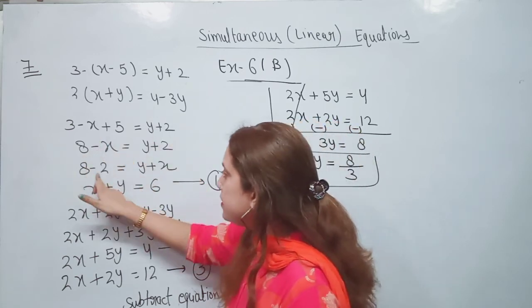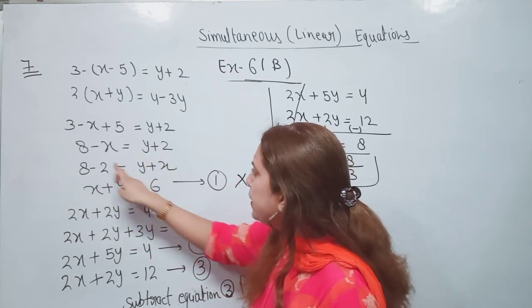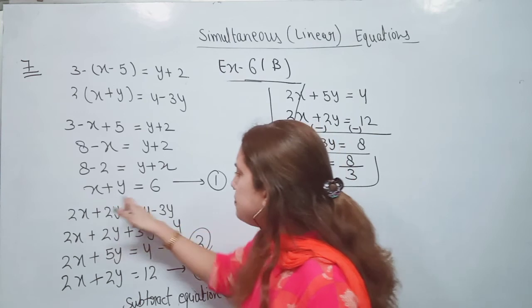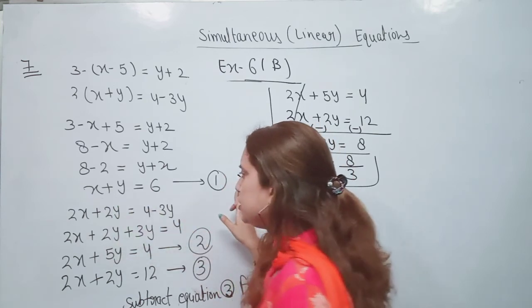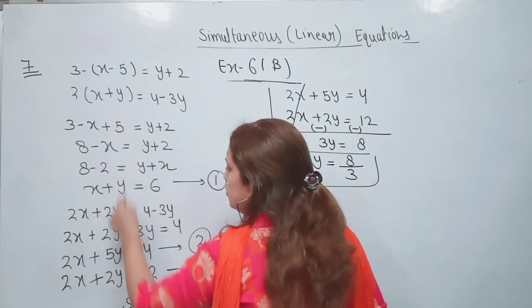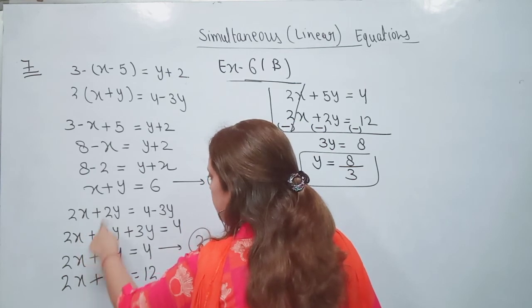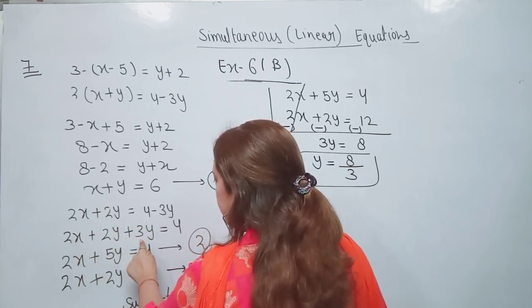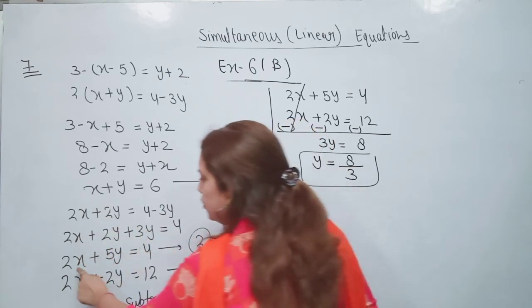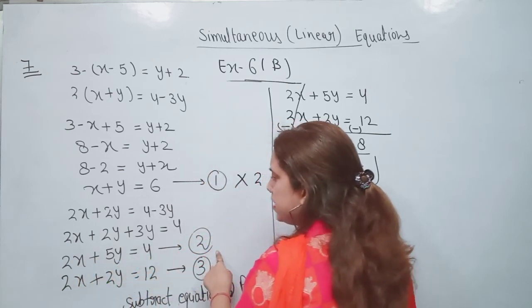Send it on this side, 8 minus 2 is equal to y plus x. So x plus y is equal to 6, equation first. Second equation, 2x plus 2y is equal to 4 minus 3y. 2x plus 2y plus 3y is equal to 4. 2x plus 5y is equal to 4, equation second.